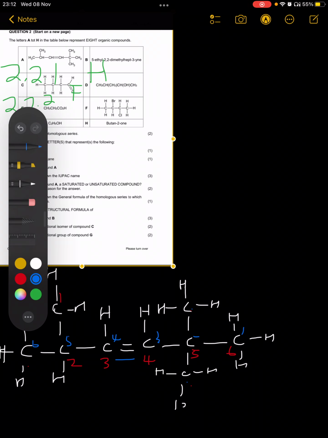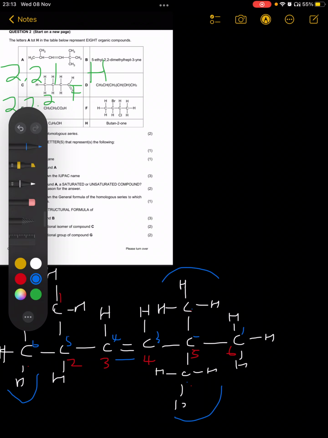If we choose the red, going from carbon number 1 here, our substituent is here, and the next two substituents would be here and here.